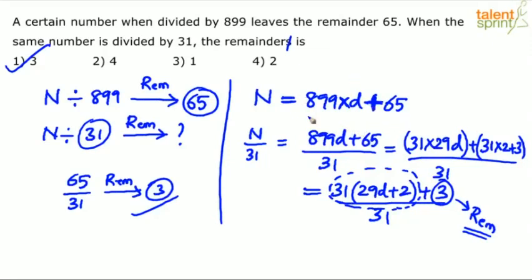Now this 899d plus 65 has to be expressed as a multiple of 31. 31 into 29d is 899d. 65 has been taken as 31 into 2 plus 3. Now you take 31 common, we get 29d plus 2. So definitely 31 into 29d plus 2 is divisible by 31. What is not divisible is that remaining 3 here, which becomes the remainder. So answer should be 3.